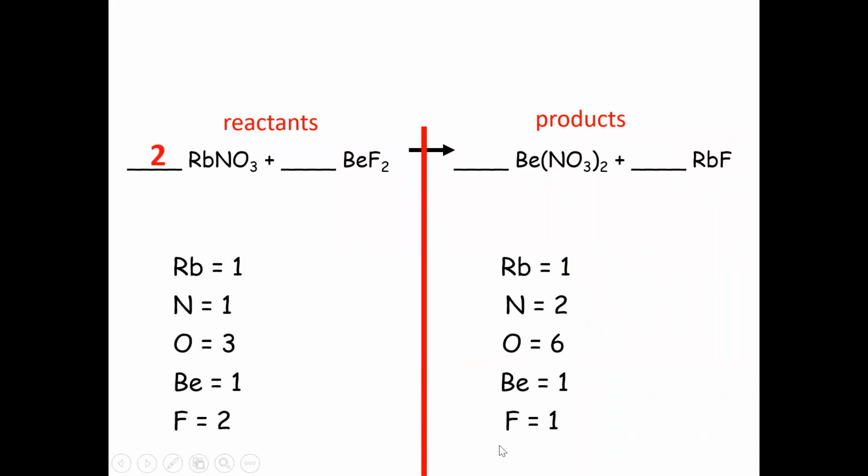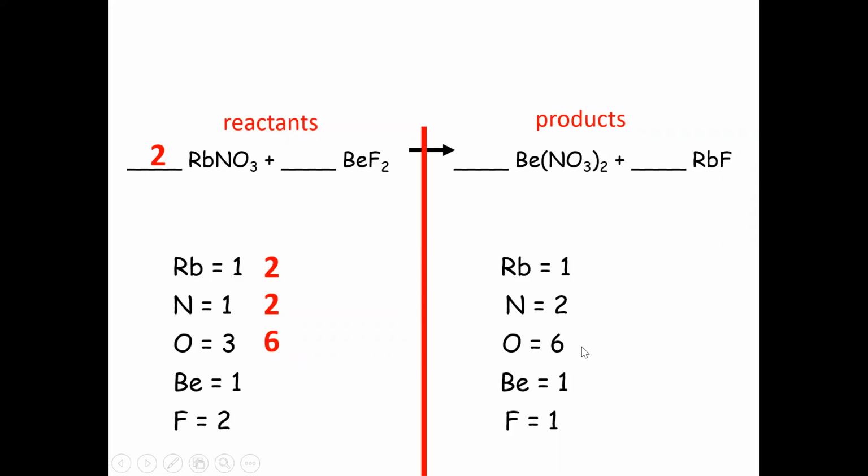So if you put a 2 at the front there, you can see that you've now got 2 rubidiums, but you've multiplied the number of nitrogens by 2 and the number of oxygens by 2 as well. So that means you've now got 2 rubidiums, but you've got 2 nitrogens, and you now have 6 oxygens. So although your rubidium isn't balanced, your nitrogen is balanced and your oxygen is balanced.